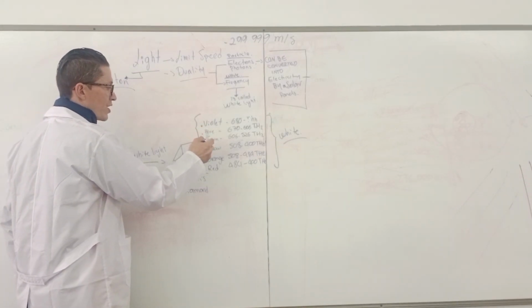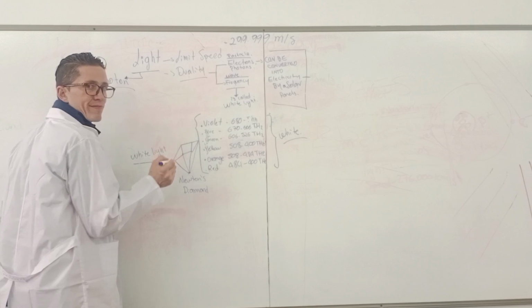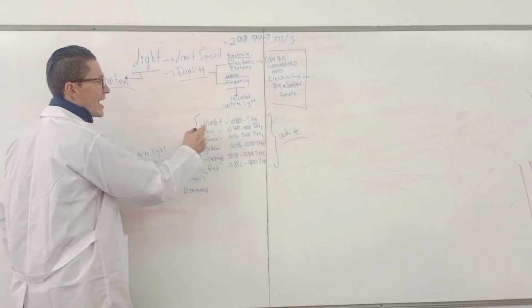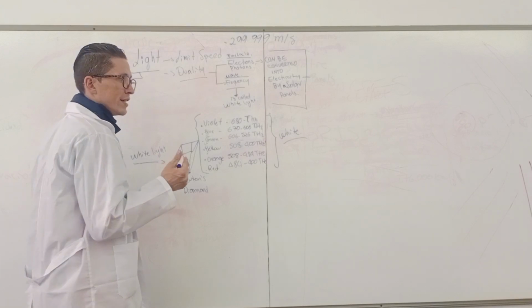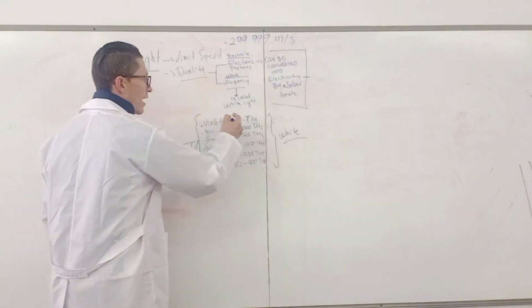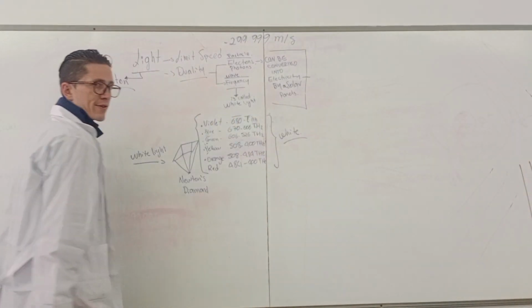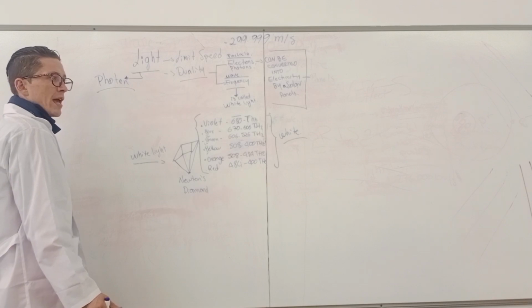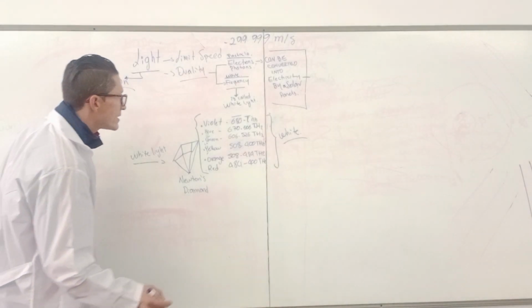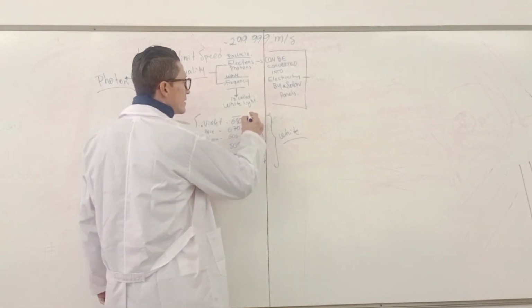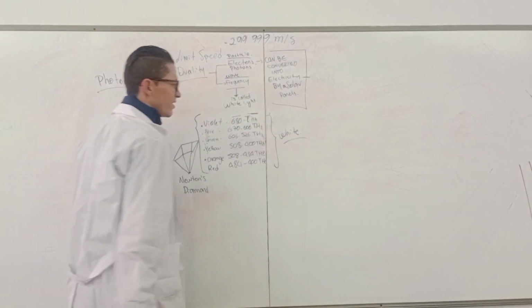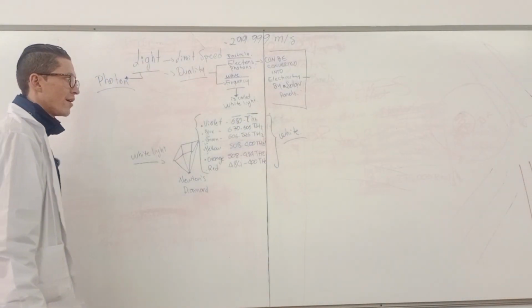Violet, blue, green, yellow, orange, red. The violet does have a frequency. What is the frequency? This is the frequency, 680 hertz.